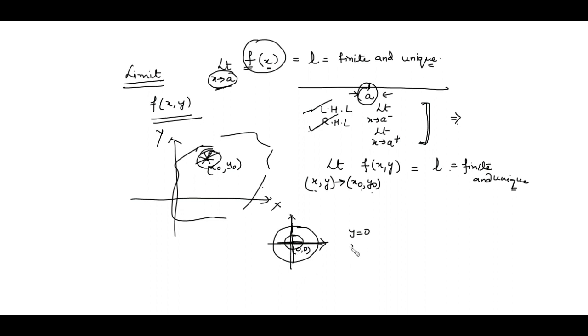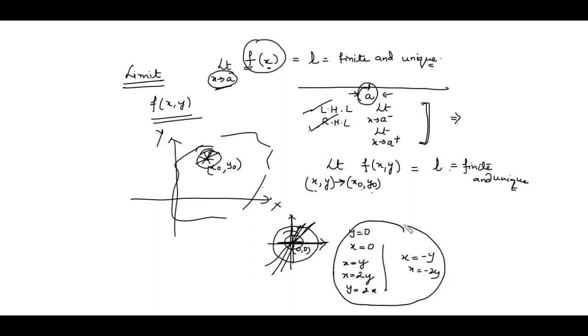The line x equals 0 passes through the point (0, 0). The line x equals y passes through (0, 0). x equals 2y passes through (0, 0). y equals 2x passes through (0, 0). Similarly, x equals minus y, x equals minus 2y, and so on. There are infinitely many paths which pass through the point (0, 0).